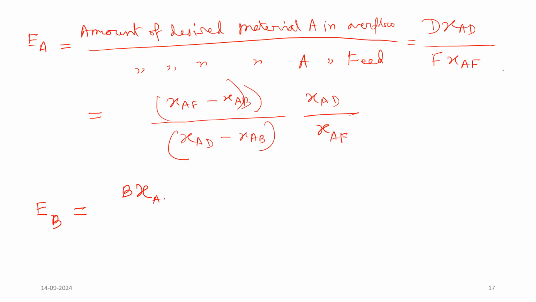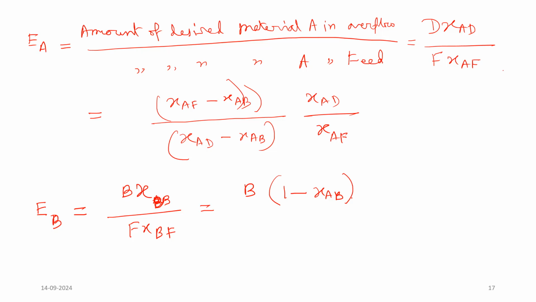So it will be B XBB, since B is our undesired particle, and F XBF. B XBB is nothing but 1 minus XAB, that is, we have to subtract it from 1, because the overall mass fraction of the desired and undesired material is 1.